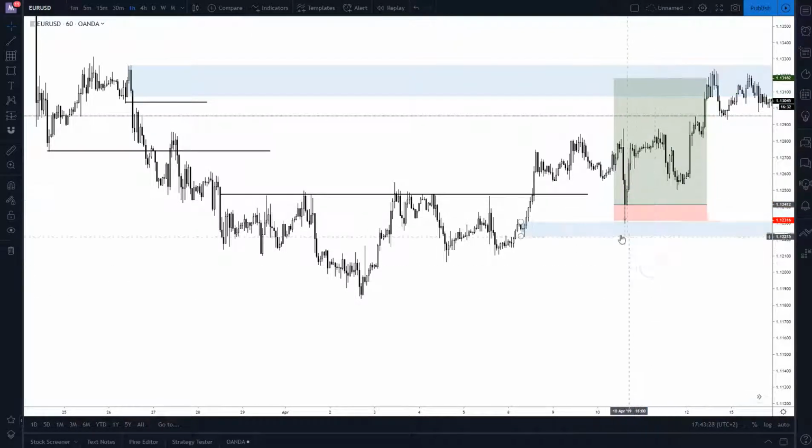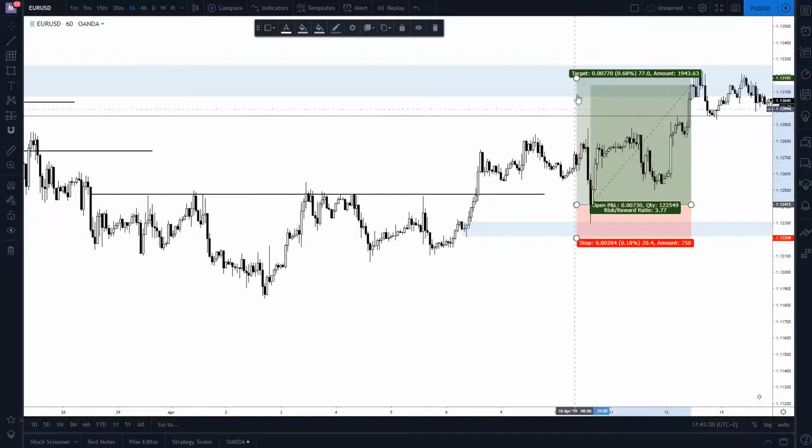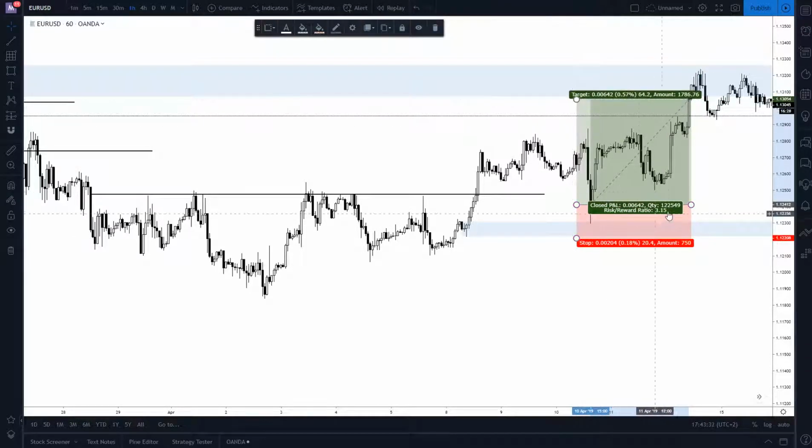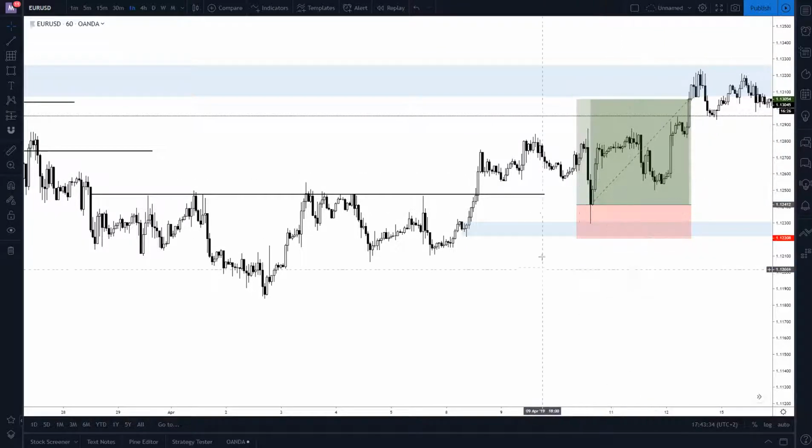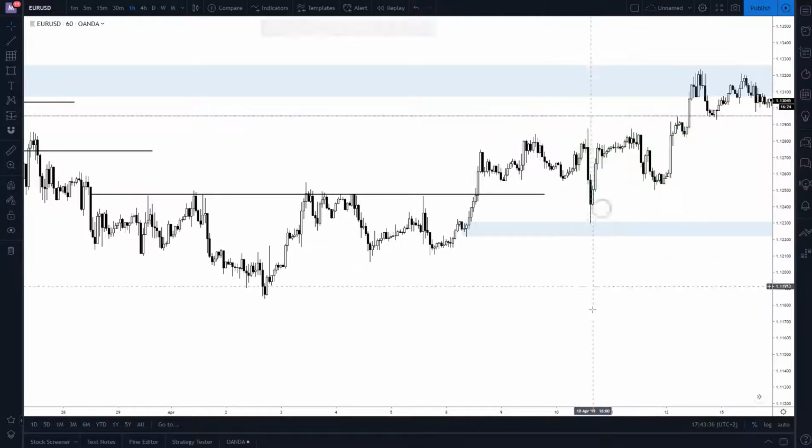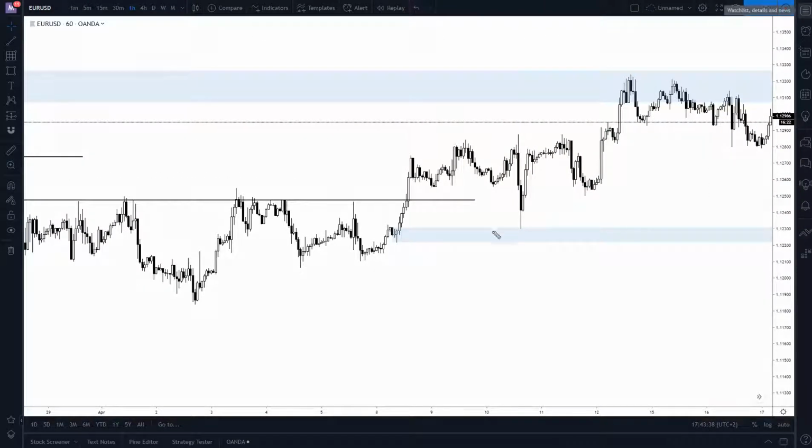And even if you would wait for the candle close here, still the 3R trade is a very decent thing. Your general place where you want to put your stops is below these levels, not immediately below, so you don't get stopped out.